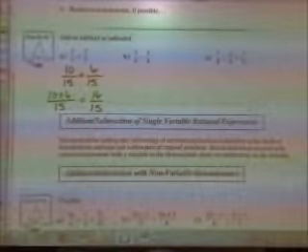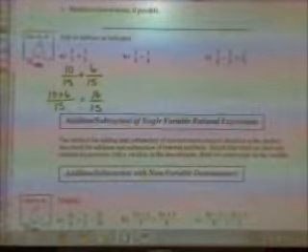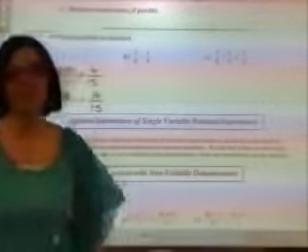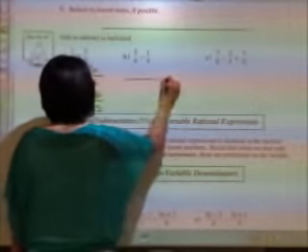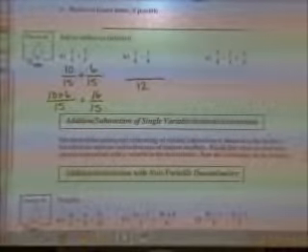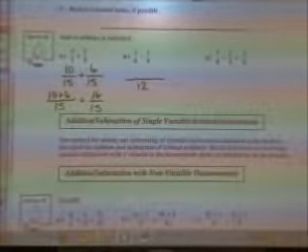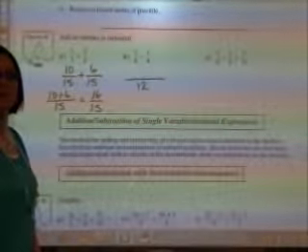I want you to do questions B and C. What's my common denominator for B? 12. So I could write it all over 12 and then just do the tops one at a time. 5/6 would be how many 12ths? 10.